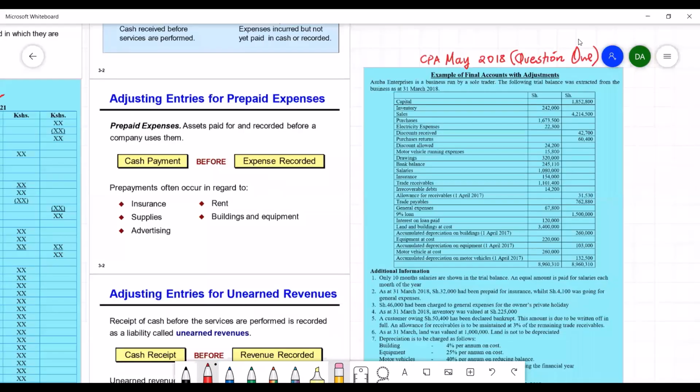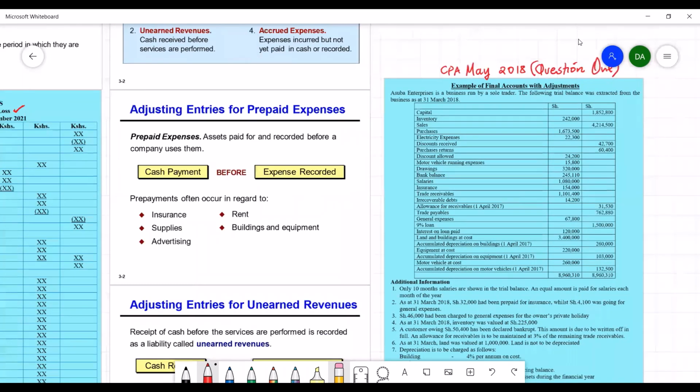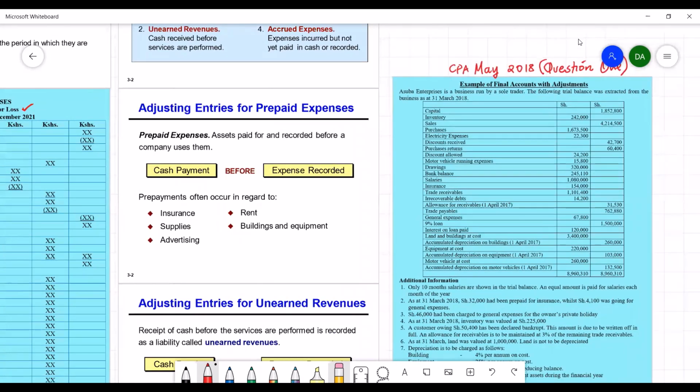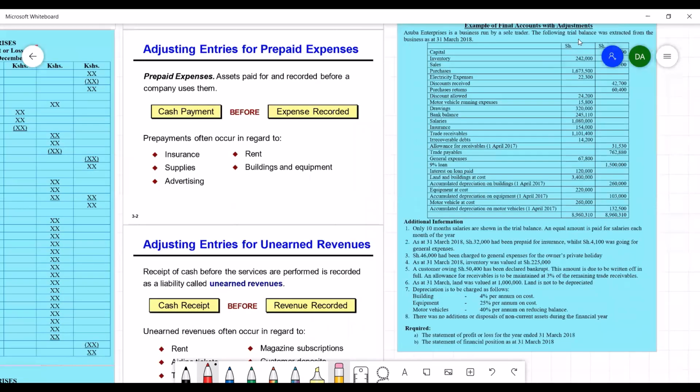Together with that, I have a question here for CPA May 2018, question number 1, which is about preparation of final accounts of a sole trader, and we shall be illustrating each adjustment with the additional information which you can see here in this particular question. There is very good additional information here touching on the various adjustments.